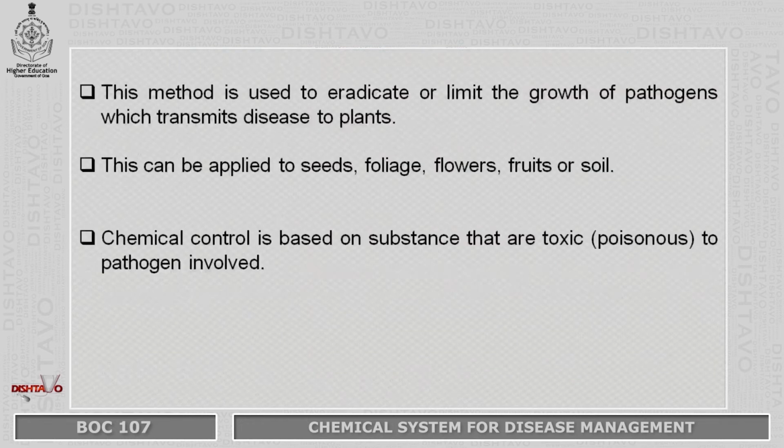This method is used to eradicate or limit the growth of pathogen which transmit the disease to the plant. These chemicals can be applied to the seeds, foliage, flowers, fruits, or to the soil. Chemical control is based on the substances that are toxic or poisonous to the pathogen.